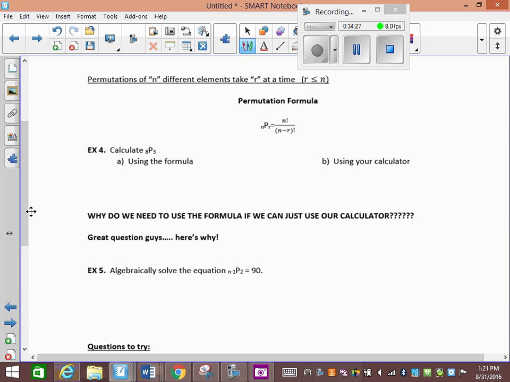So why do we even try to do weird things like that? Because the permutation formula is n factorial over n minus r factorial. This is your formula sheet. I'll be giving you one exactly like this. You will have it for every test. If you're wondering whether something is on the formula sheet, if it's on the formula sheet, yes. If it's not on this formula sheet, no. This is the one you get. You use it all year long, and you'll have a copy of it, so you'll know exactly where the formulas are.